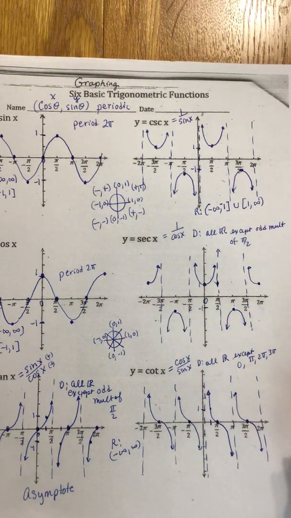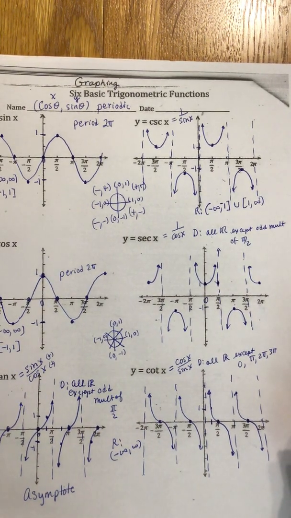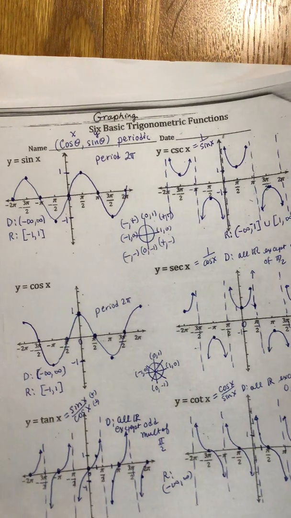Okay, so now we're going to use these basic graphs to graph some other things. These are called transformations, so we're going to be graphing transformations. One of the things that I want you to see is that as you go through, the transformations are basically the same with all the different functions. So we have to look at a basic one first.